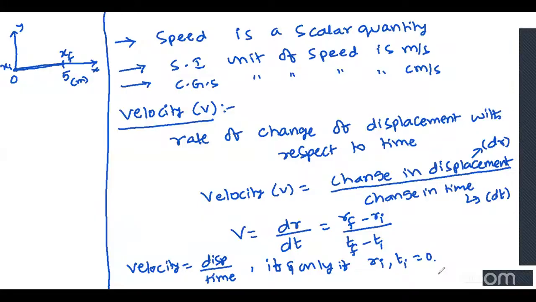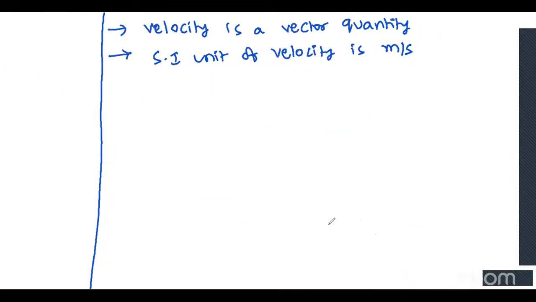So the SI unit of velocity is meter per second, and the CGS unit of velocity is centimeter per second.